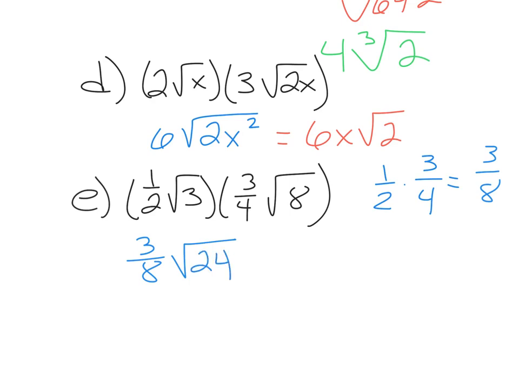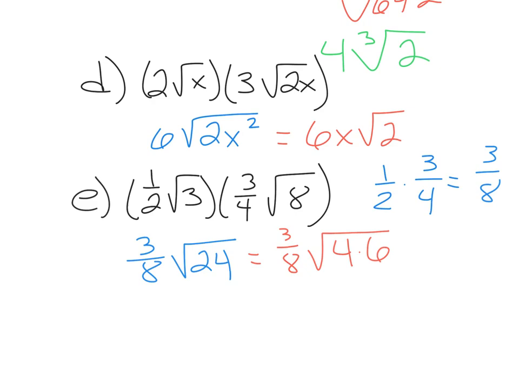Now we need to simplify. There is a perfect square under here. That perfect square is 4. So we still have 3/8 in the front. The 24 we're going to break into 4 times 6. The square root of 4 is 2. So the 2 is going to come to the outside. What is going to happen? This 3/8 is going to actually get multiplied times that 2.